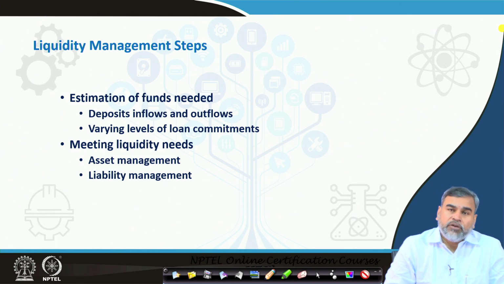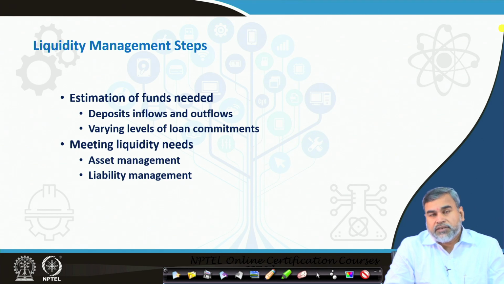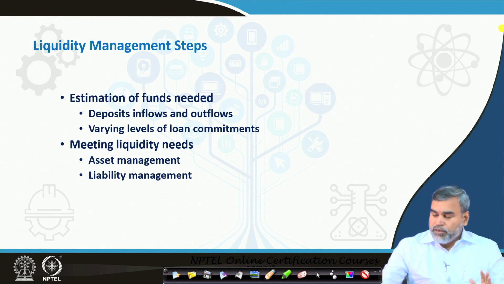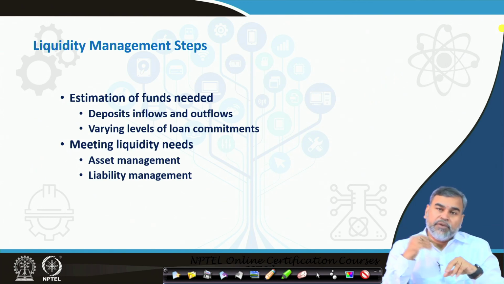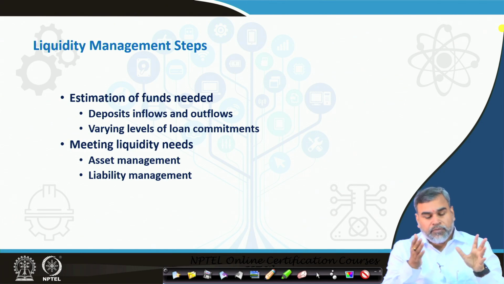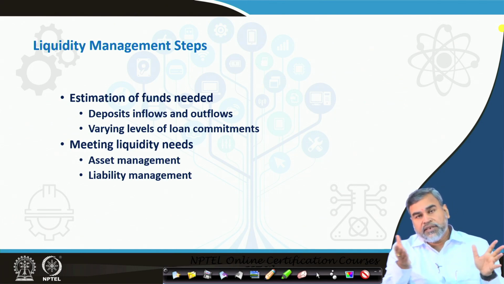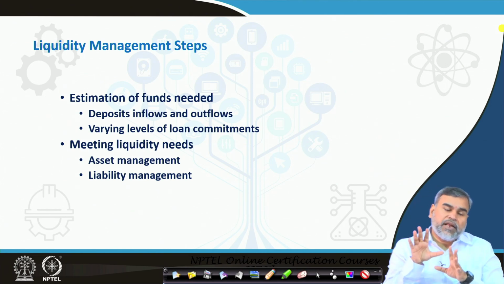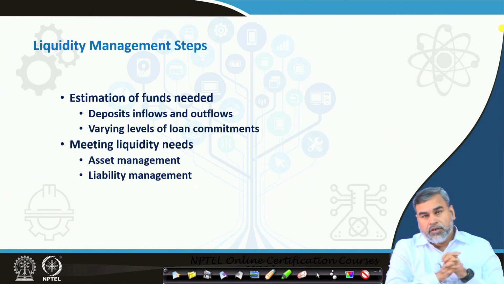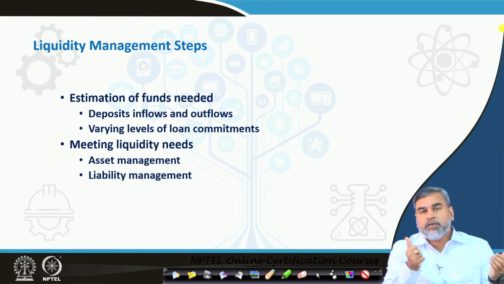Number 2, whenever we meet this liquidity requirement, we follow a certain strategy. Some banks can use their assets to manage the liquidity, some banks can use the liabilities, and some banks can use both assets and liabilities. In which part of the balance sheet can be used to manage the liquidity? If you are holding some assets or securities, you can sell them to manage the liquidity.